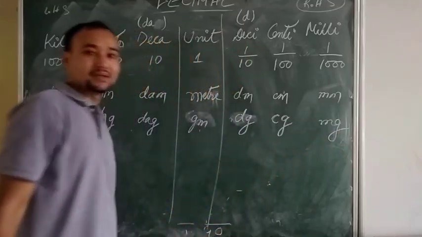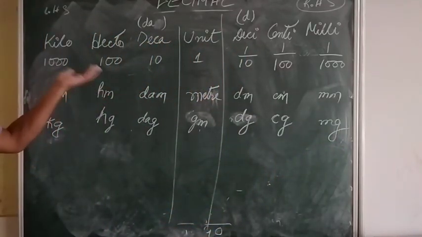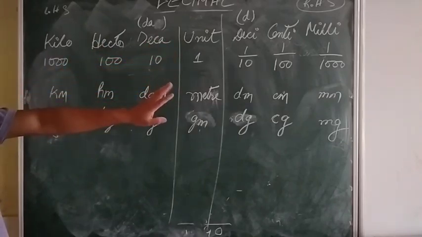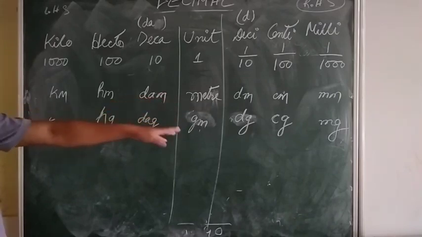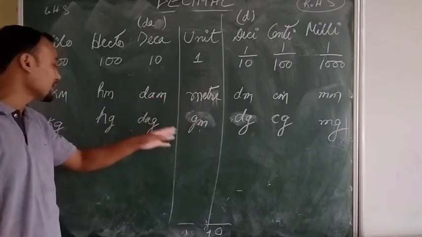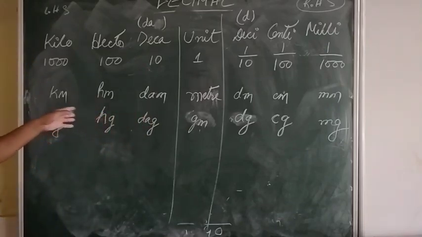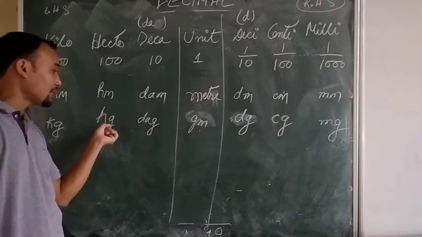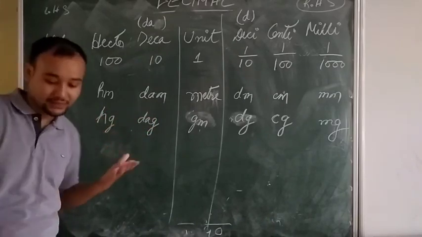There is only a difference of 10: 10 milligram to 1 centigram, 10 centigram equal to 1 decigram, 10 decigram equal to 1 gram, 10 gram equal to 1 decagram, 10 decagram equal to 1 hectogram, and 10 hectogram equal to 1 kilogram. But you should be very specific with the term, whether you are writing hectogram or gram or decigram.